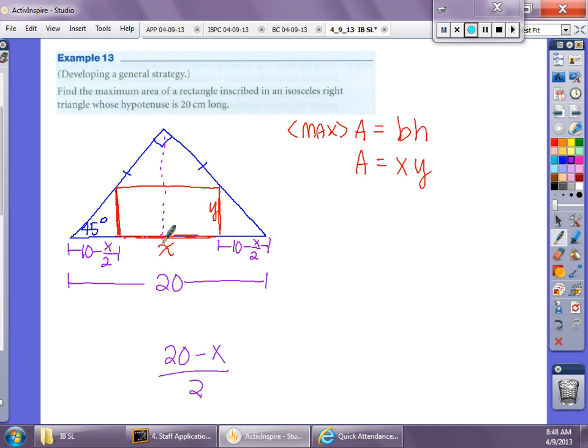You want to use opposite over adjacent, I'm assuming, to find the value of this, correct? Well, there's a much easier way to do it. That's what I was hoping you would say. How much is it? Come on, people, if they're 45, 45. This side is opposite the 45. This side is opposite the 45. What does that mean y is?